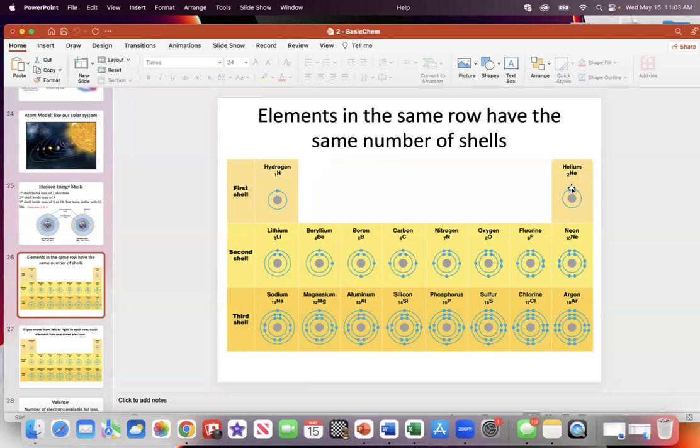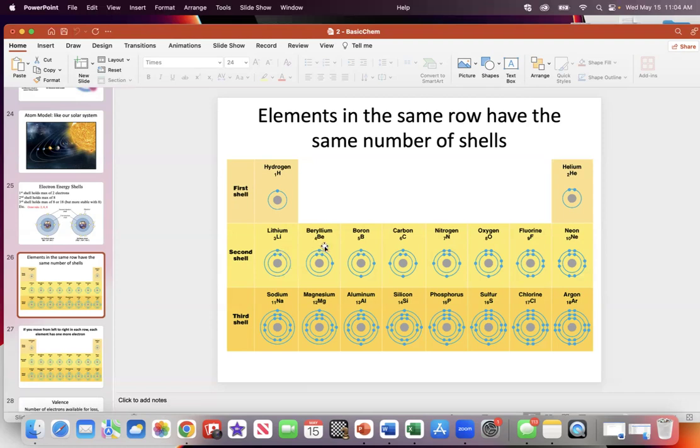Let's look at helium. Helium is number 2. Number 2 means 2 protons, and it also has 2 electrons, right? So the 2 can go into the layer 1 shell. Okay, number 3, lithium. 3 protons, 3 electrons. The first layer takes 2 electrons, and the third one has to go to the second layer.